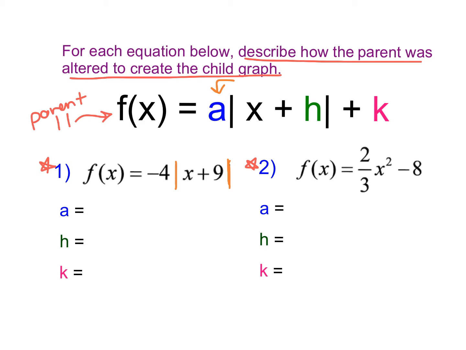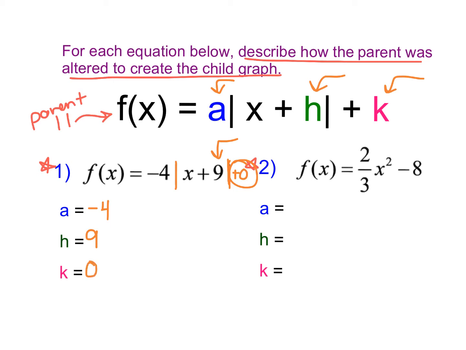So here we see that a is -4. We then see that h is contained inside with x, and h, in our case, is 9. We then have a k value that is outside of our function, which we can see there isn't one, which is an implied +0, so k is just going to be 0 for this particular problem.